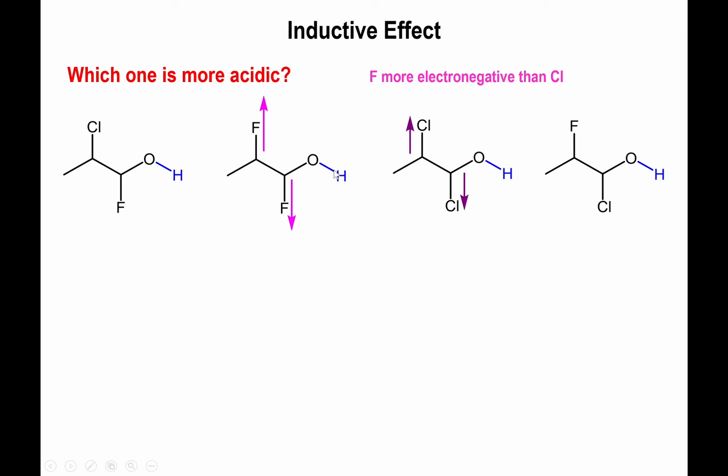And then this hydrogen will have its electrons moving towards the oxygen more so than it would have had if this was a regular alcohol with no halogens on it. So the two fluorines being present means that probably this is going to be the structure where the electrons are removed the most away from the hydrogen, and as such will make this more like an H+, meaning that this will be the most acidic substance.